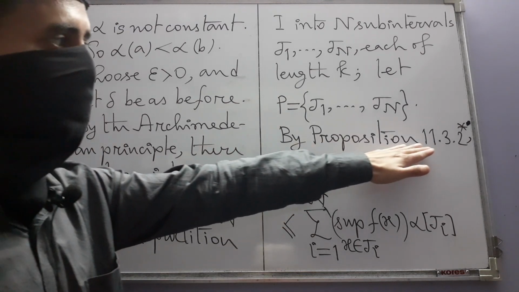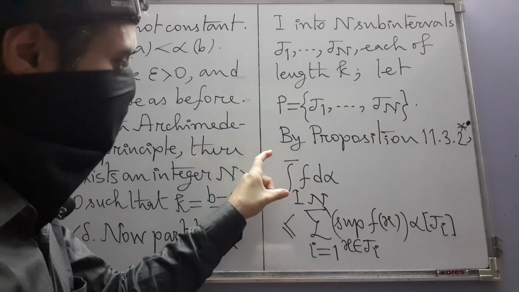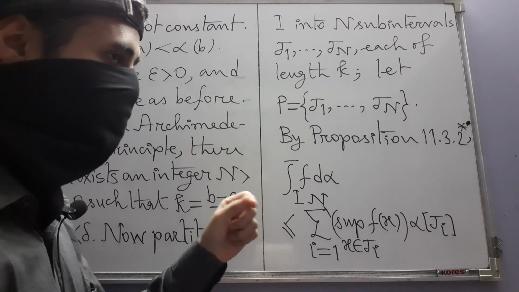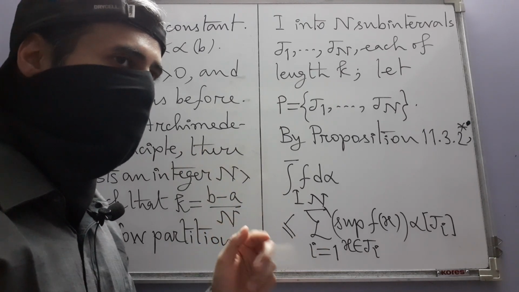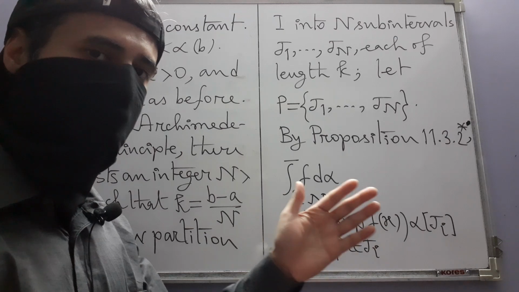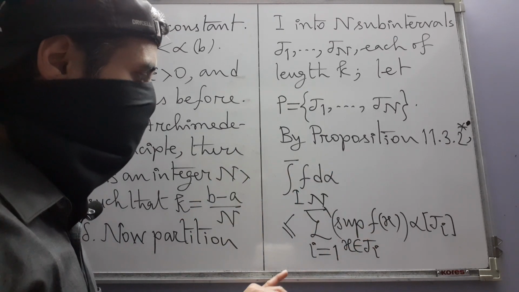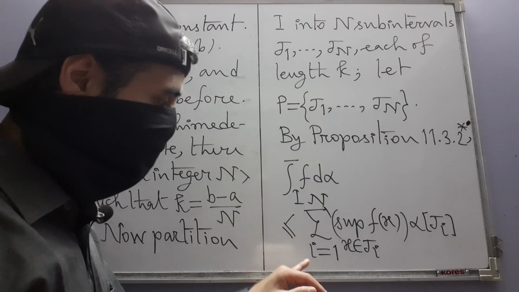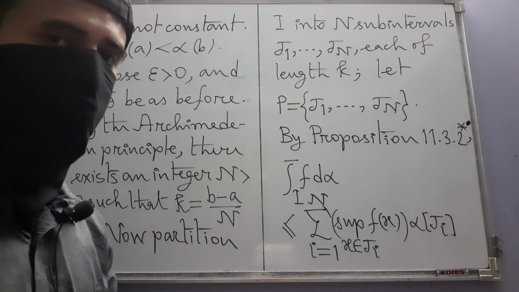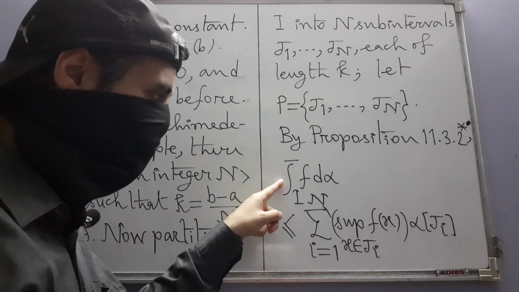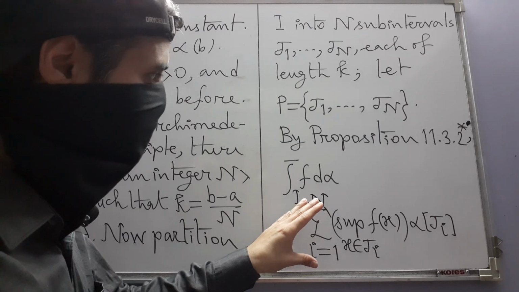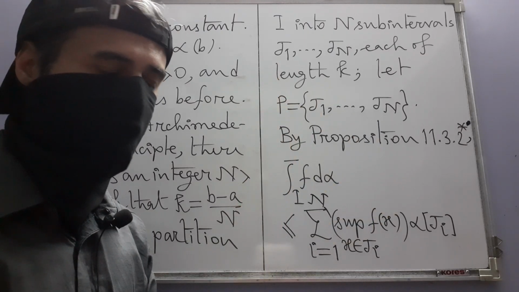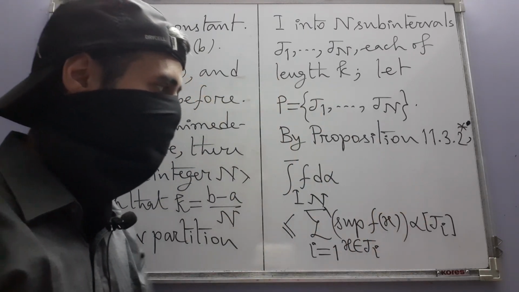What does this proposition say? It says that the upper integral is equal to the infimum of all the U(f, P, alpha). This is also one of those U(f, P, alpha). Because this is the infimum, this is after all a lower bound, so it will be less than or equal to any element in that set. One of those elements is this.